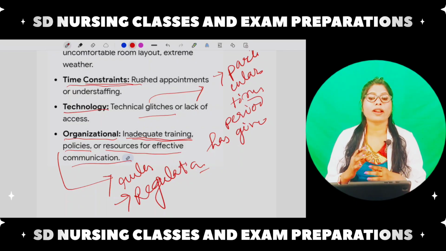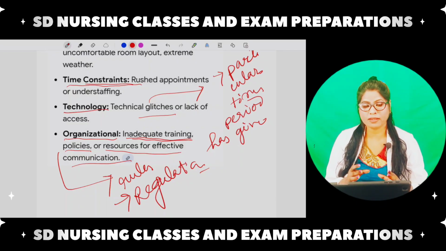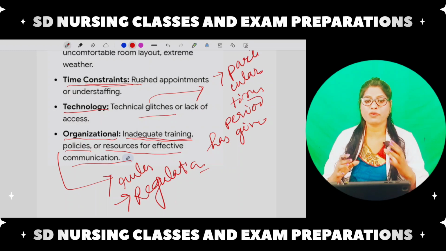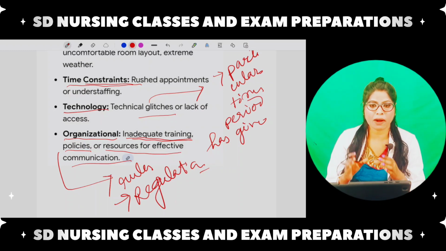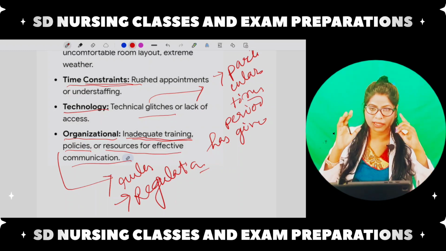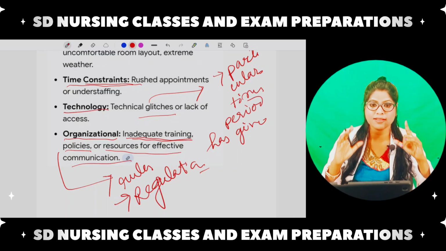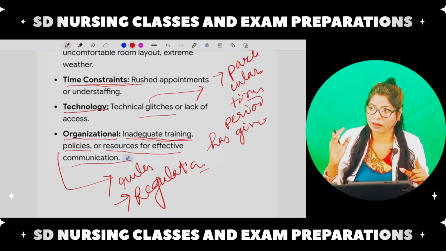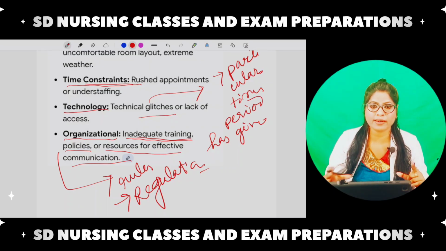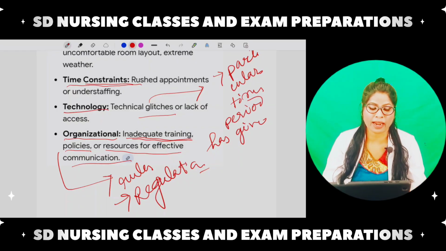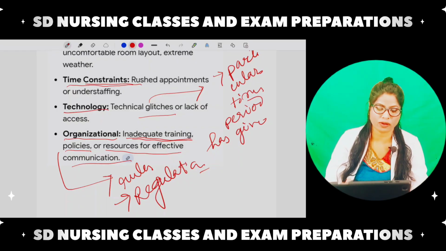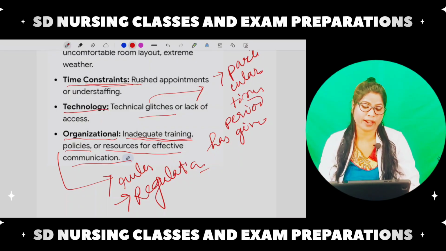So this is what an organizational error means. Before organizing, keep in mind the training, the knowledge, and that the permission has been granted. Then only the barrier will not occur. This is how to overcome the organizational barrier.